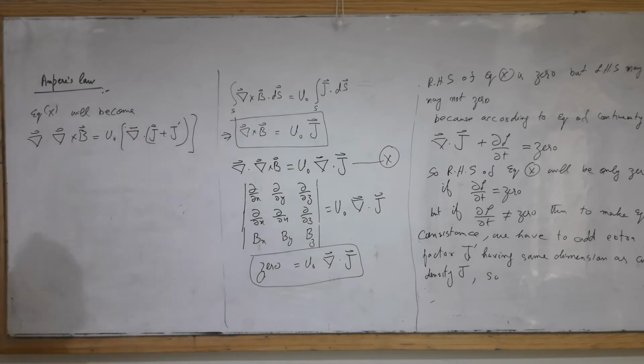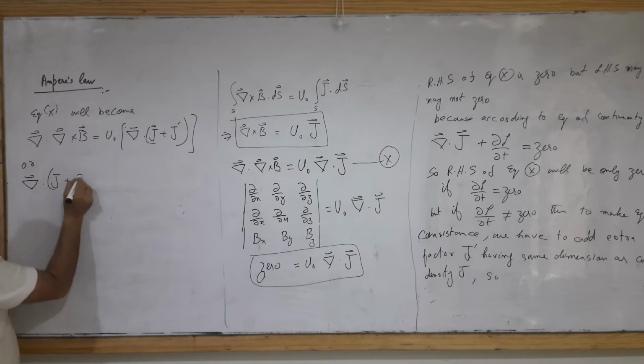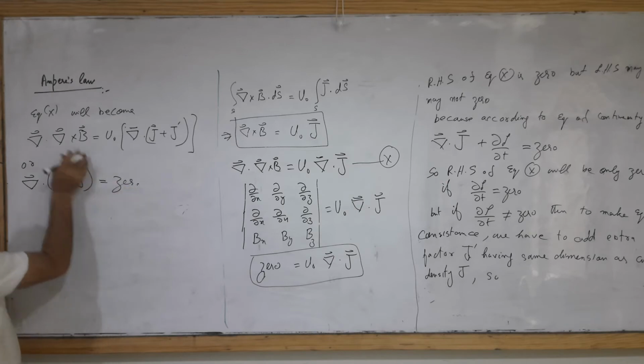Or del dot (J plus J prime) is equal to 0, because this side is 0.